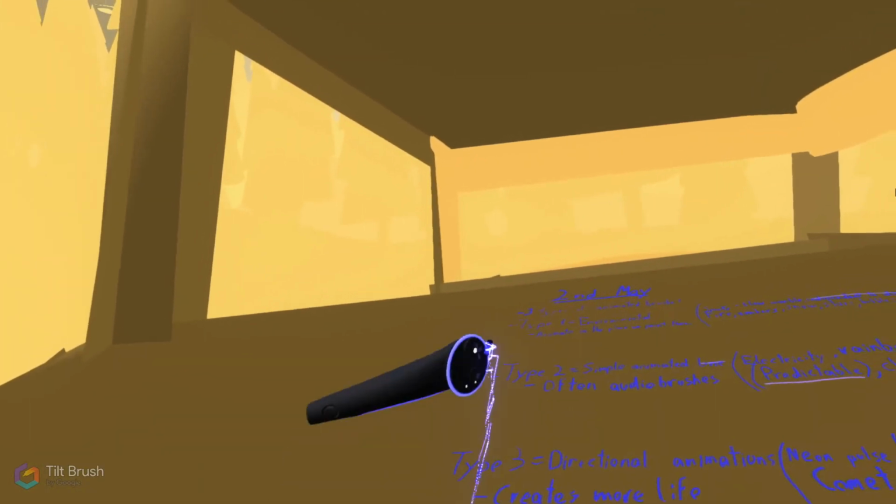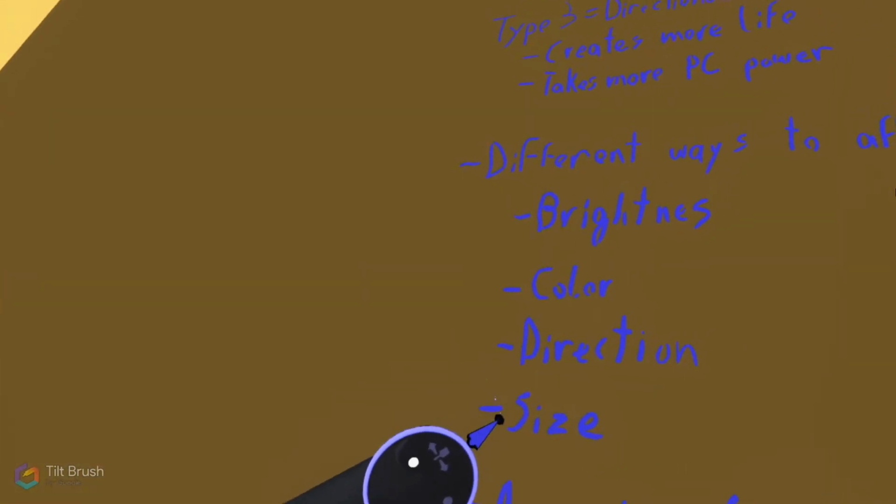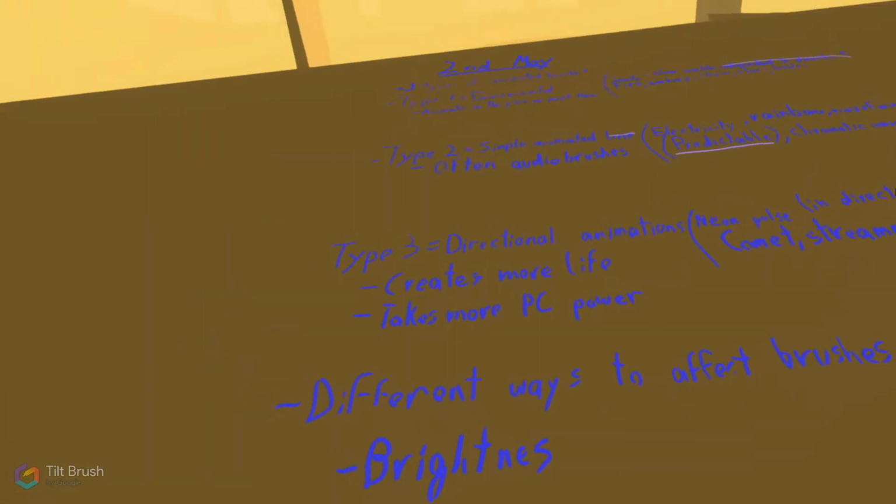So yeah, the first type is generally one where you cannot really affect its direction and animation with music.